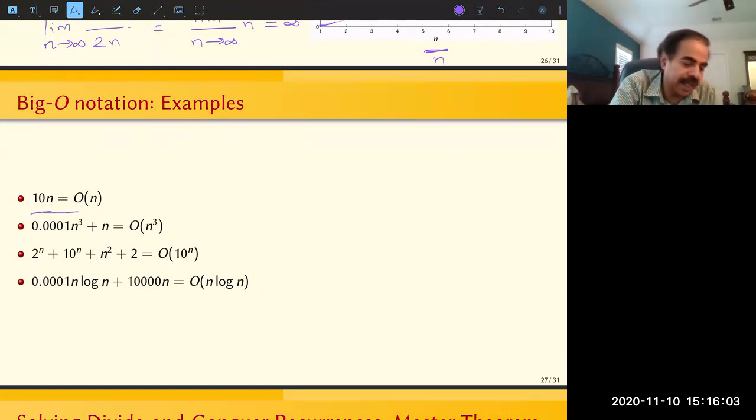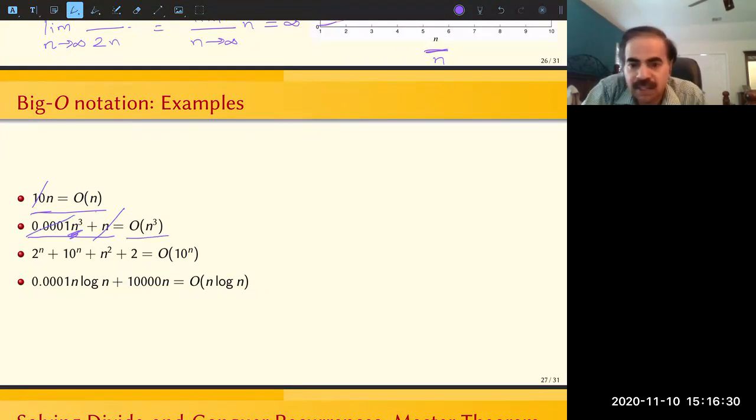For instance, 10n: I don't have to worry about the constant, so it is order of n. If I have 0.0001 n cube plus n, the n cube is the higher degree term, so I can ignore the lower degree term and the constant. So this is order of n cube.